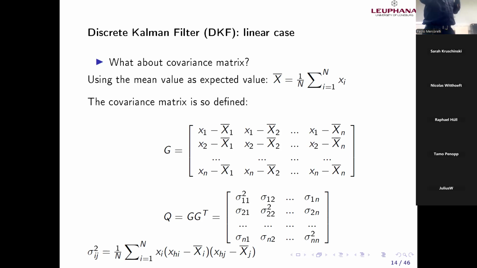I need a matrix with 4 parameters, because we need the variance of both variables and the interconnection between them, sigma 1,2 and sigma 2,1. They are the elements of the covariance matrix which measure the statistical interconnection between these two variables.